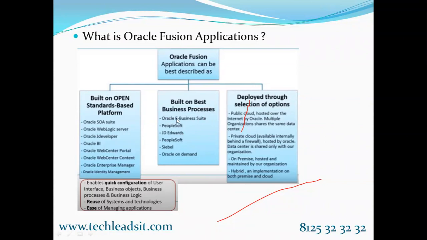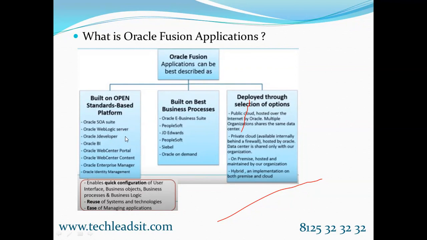As you know, Oracle has proprietary applications like Oracle E-Business Suite. The built-in best business process applications are Oracle E-Business Suite, PeopleSoft, JD Edwards, Siebel and Oracle Demantra. These are applications for which Oracle has its own proprietary applications. In the same way, they have built-in open standards-based platforms.